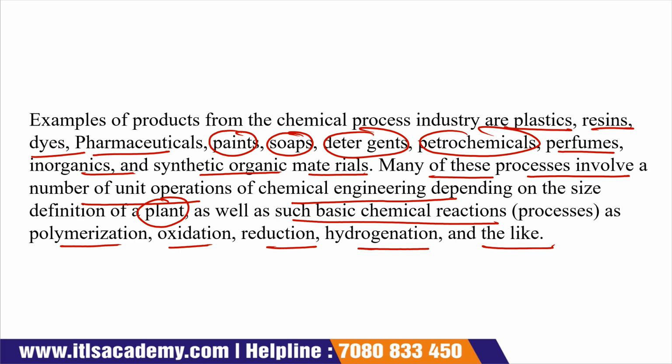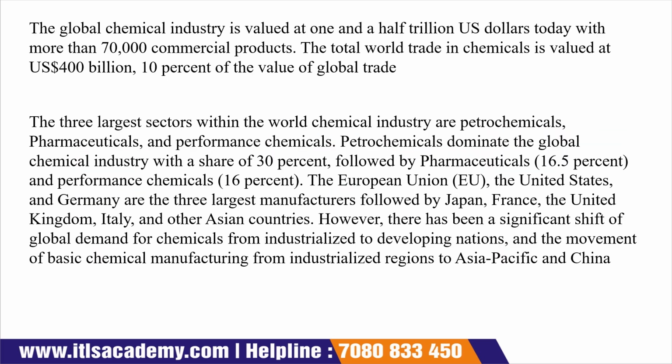Okay, now the next one is, if we talk about the value in a global way, the value of this chemical industry is around 1.5 trillion, according to the US dollar, with more than 70,000 commercial products, and the total world trade in chemicals is around US dollar 400 billion, which is 10% of the value of global trade.